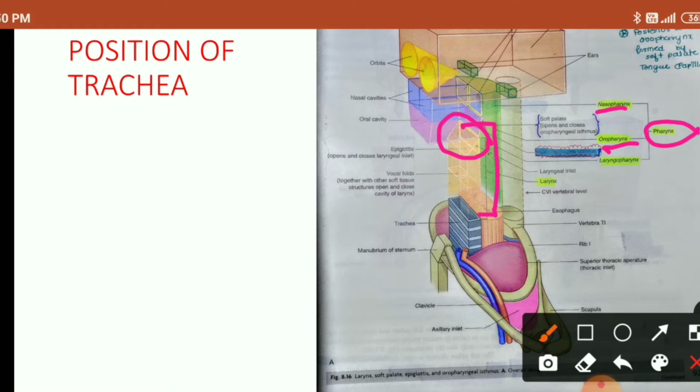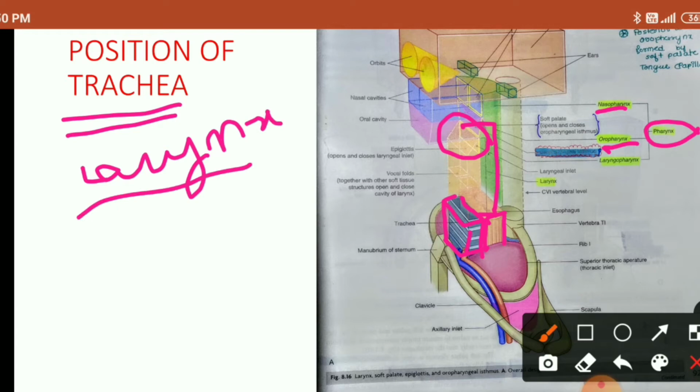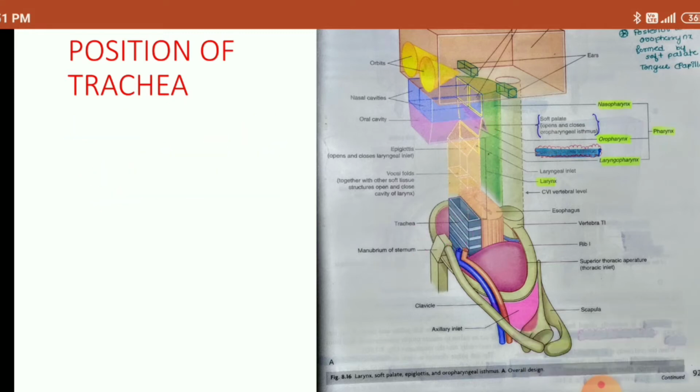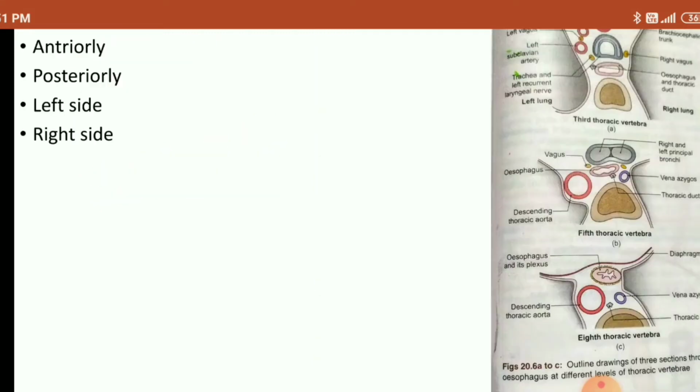Yes, and after this laryngopharynx, for the food passage we are having esophagus, and for the respiratory passage we are having trachea. So trachea is basically starting from the lower part of larynx or the lower part of laryngopharynx. Yes, this is the position of trachea with respect to larynx. And here you also see that this is the manubrium sterni. So you can say that anteriorly to the trachea, manubrium sterni is present. It is a very important structure. We will discuss it in the structures related to trachea.